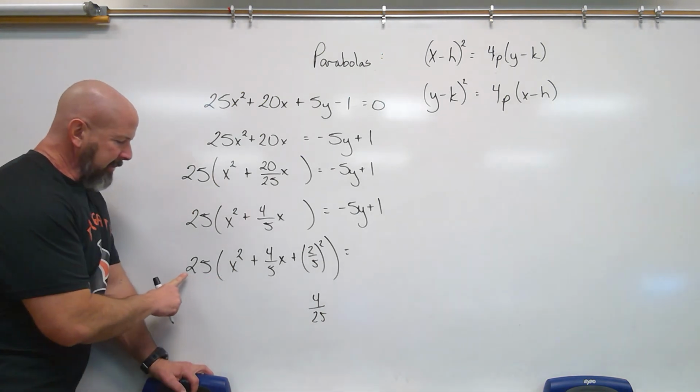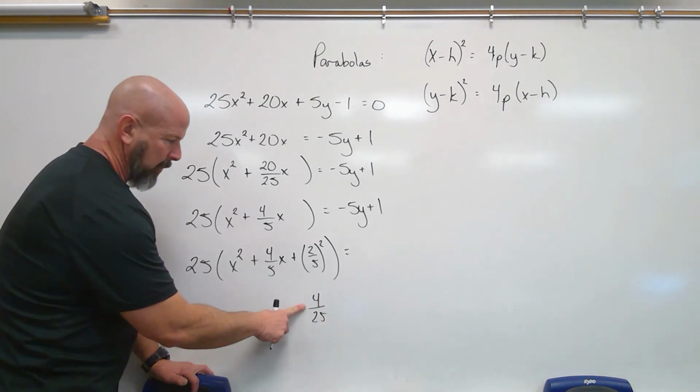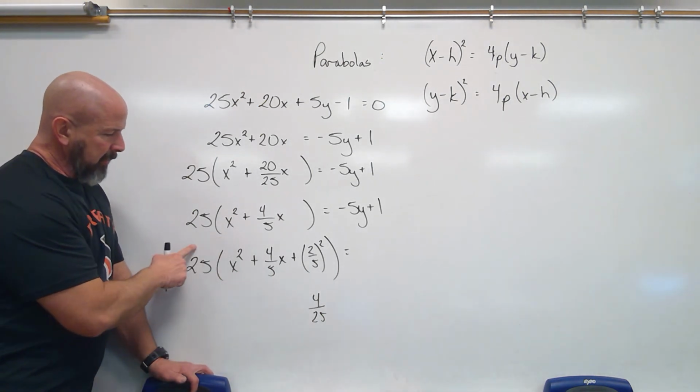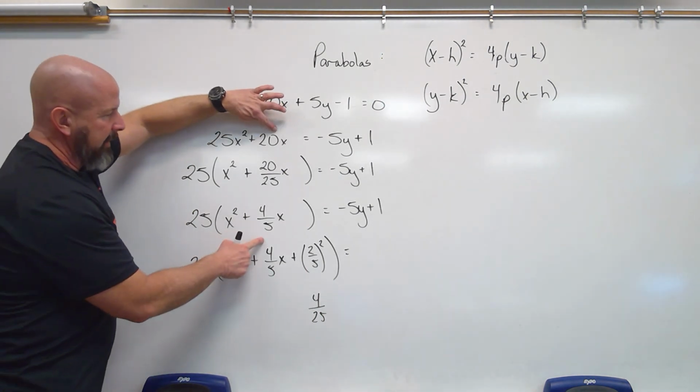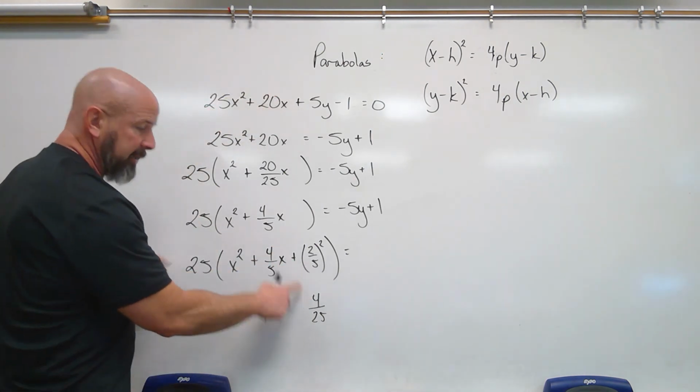Now what that means is if I did 25 times 4/25, so again, if I distribute this back through, I'm going to get 25x squared, 20x, and then plus 4.